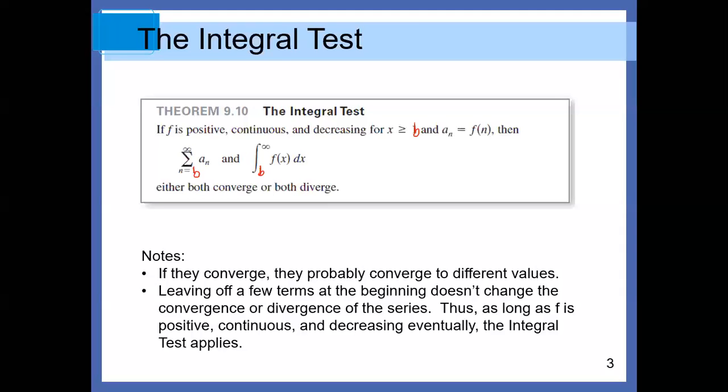And essentially what's going on here is you have a function that looks like this. They said 1, but we know that's not all that important. So the function kind of starts here, and it's positive and decreasing. So it's basically looking like this. This is the graph of y equal to f of x.